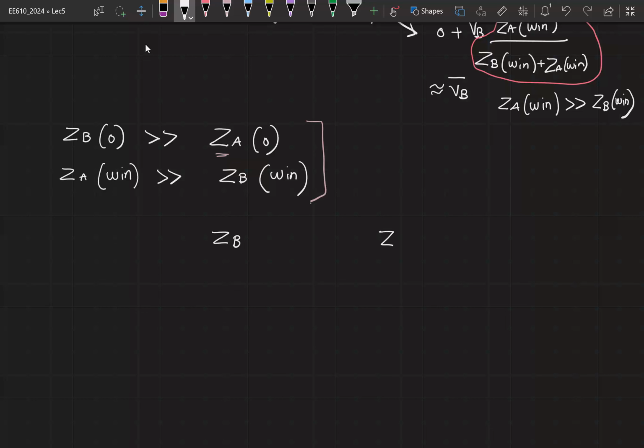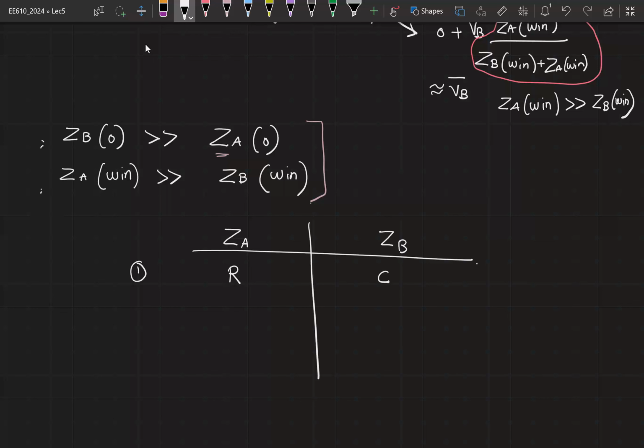So let's say I have ZA and ZB. One possibility is the one that we considered, where for ZA we consider a resistor and for ZB we consider a capacitor. And the condition that we need to satisfy is both of these. At DC, the condition is automatically satisfied.